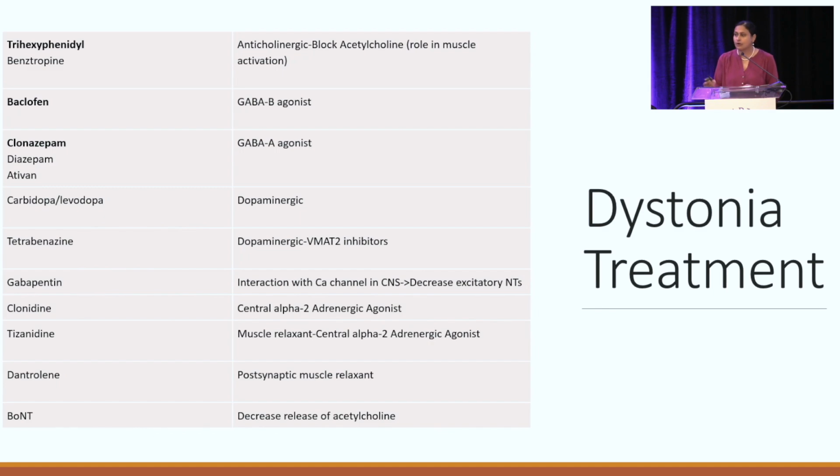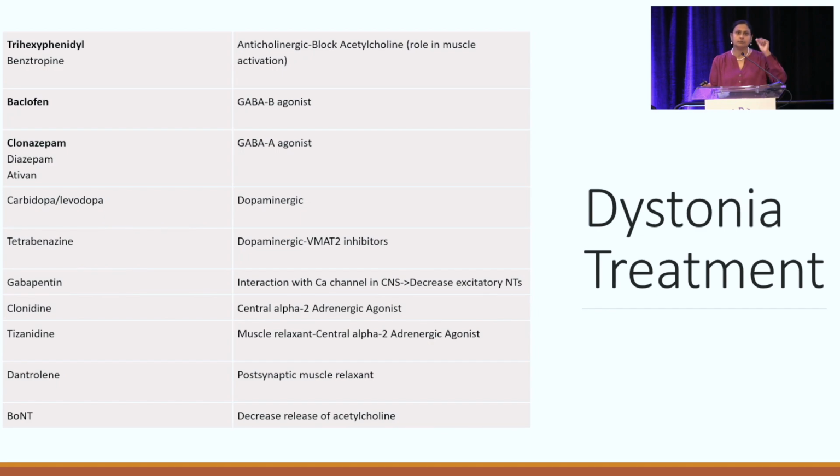So for example, Artane or trihexyphenidyl targets the acetylcholine and blocks acetylcholine, which we know is important in muscle activation. That's one that a lot of our patients are on. Another example is baclofen. Baclofen targets the GABA receptor.